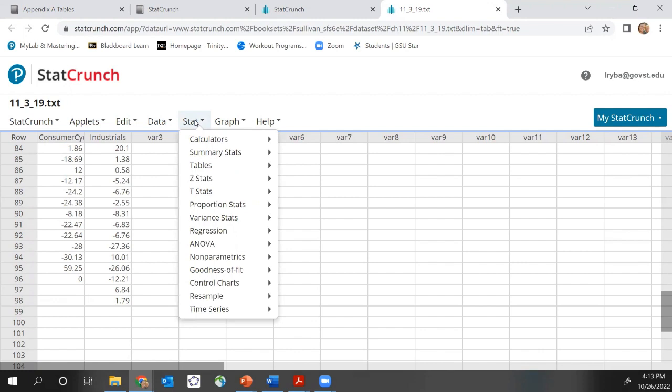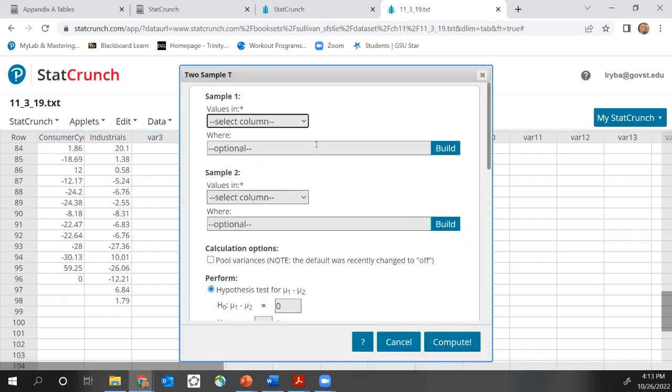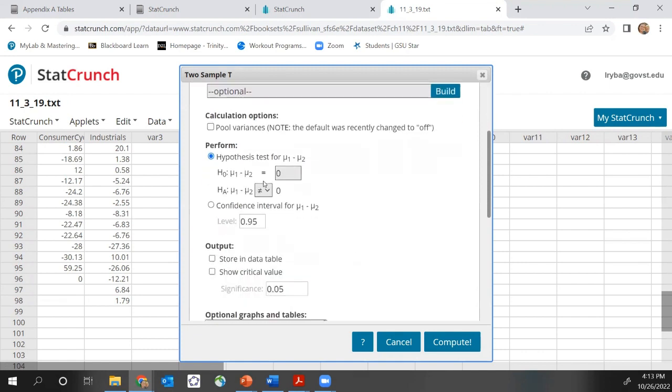The sample's large enough. Going to have a normal distribution, so we will use our T two sample, and this time we have data. So consumer cyclicals, industrials, and confidence interval 95%.